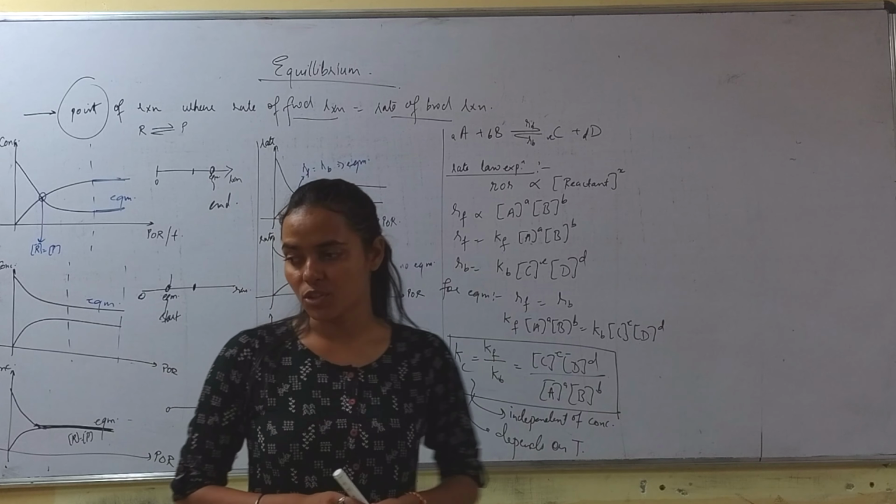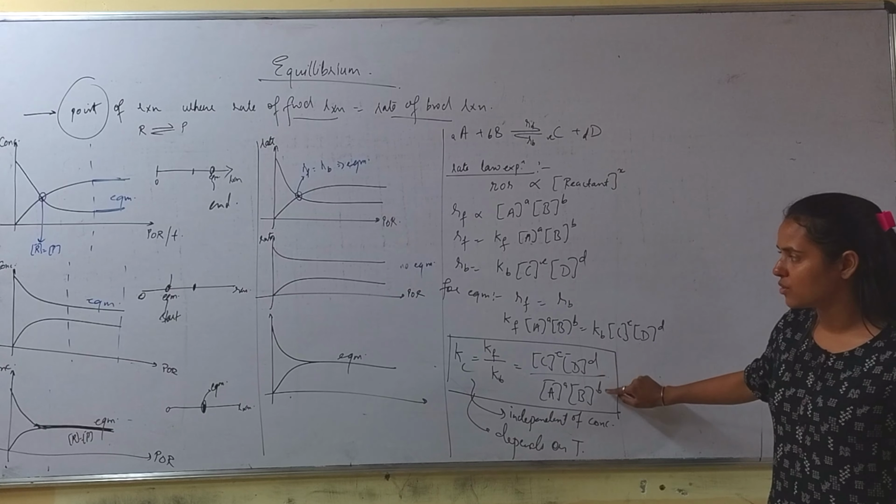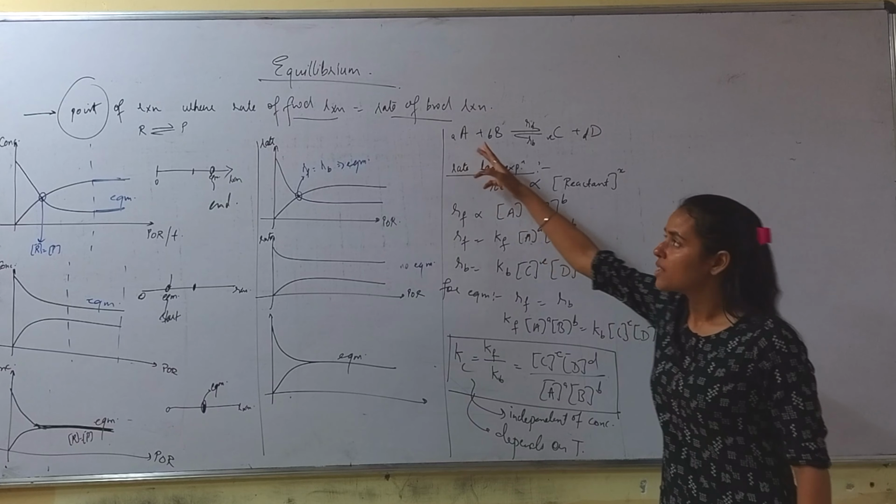Okay. Now, why does it not depend on concentration? Because if the concentration of any one of the species is changed, then the equilibrium reshapes itself and attains a new state where Kc is going to have the same value. Kc is going to maintain that value.